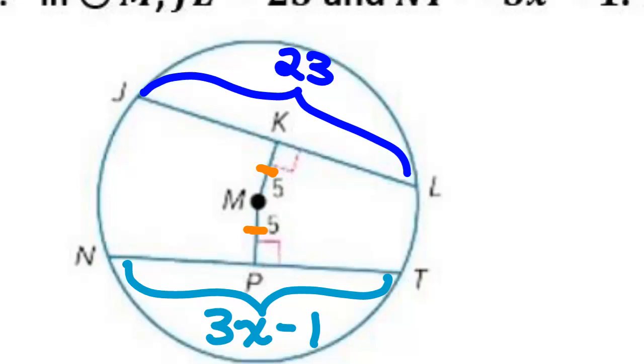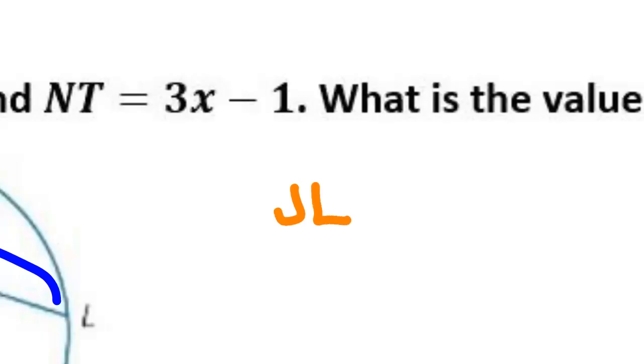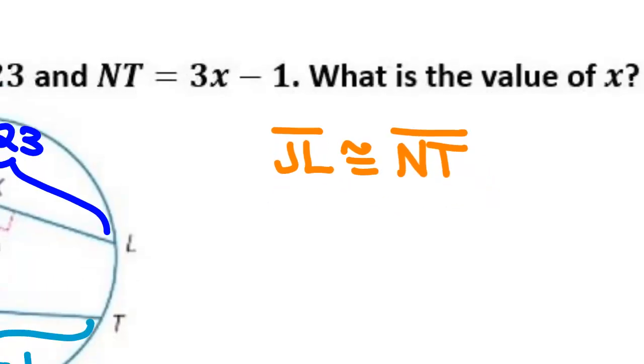These are congruent. That means those 2 chords are the same distance away from the center. Does anybody remember what's true when my chords are the same distance from the center? Yes, they're congruent. They're equal to each other. So JL is congruent to NT. So the measurement of JL is equal to the measurement of NT.